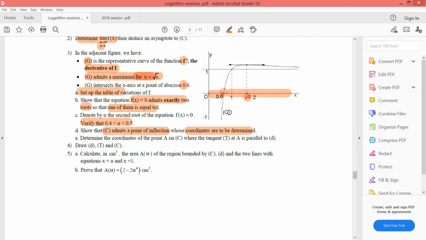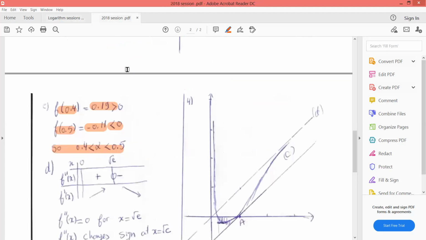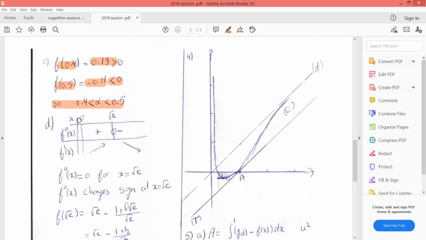Since this curve is the curve of f prime, I can make the table of variations of f prime this way. F prime is increasing then decreasing. So the domain of f prime is up to plus infinity.